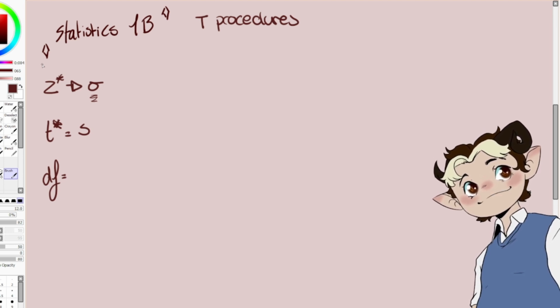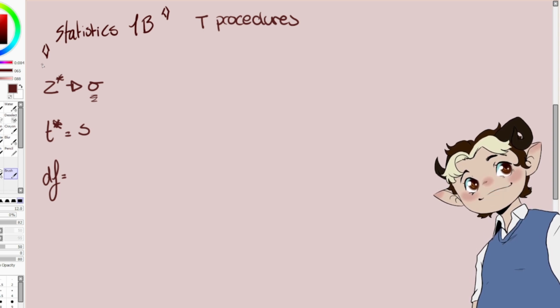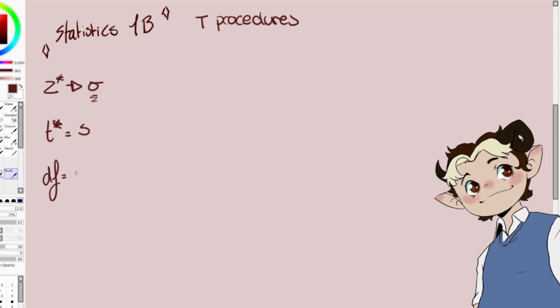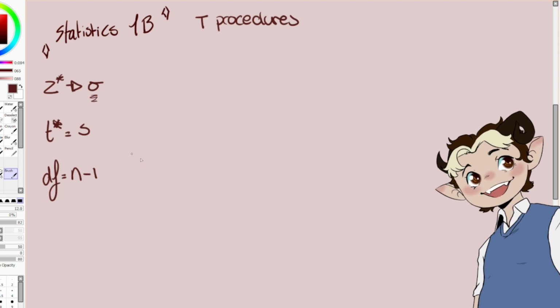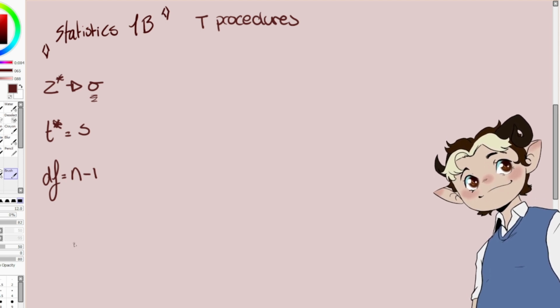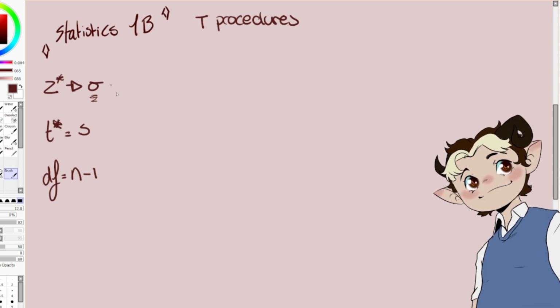For the first samples, which are going to be 1 sample T procedures, it's going to be n minus 1. And once we have 2 samples, it is the smaller sample minus 1. But we'll go over that. So that is the one difference.